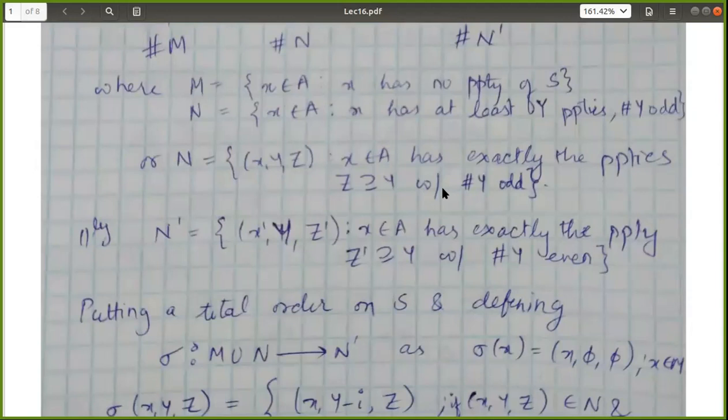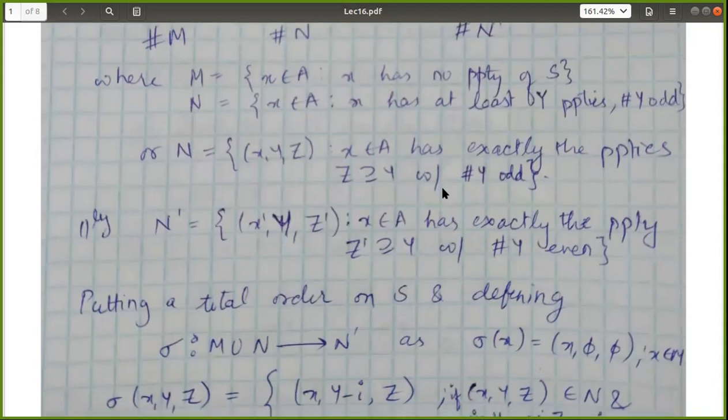So if you take the least element of Y and you take the least element of Z, how are they related? Least element of Z will be less than or equal to least element of Y. Great. So with the less than or equal to relation there, you have two possibilities. Either it is strictly lesser or they are same, right?